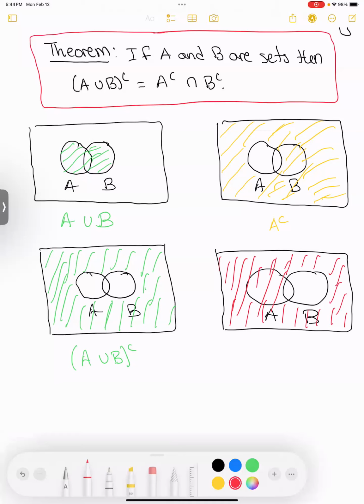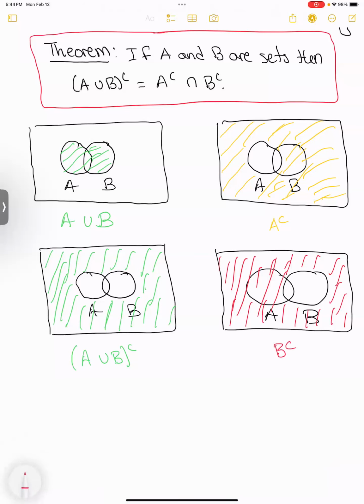Okay. And so now the point is that if I take the intersection of, sorry, one more thing. This is B complement. And if I take the intersection of A complement with B complement, then I just get everything which is in both A complement and B complement, right? So then that's just what we get over here, right?